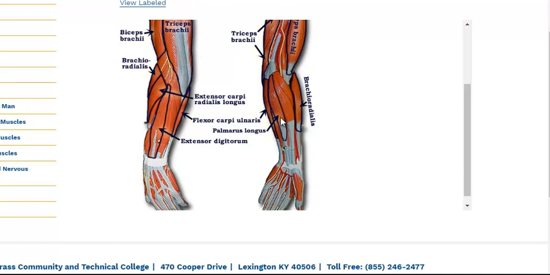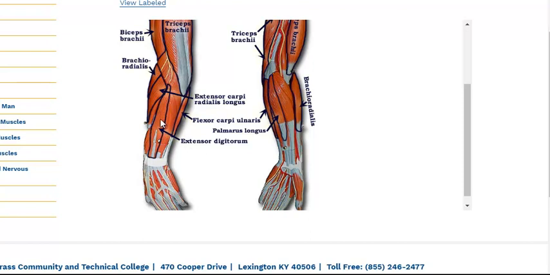Here's the palmaris longus, and obviously it's going to have something to do with your palm, and it is a long muscle. So sometimes the name of the muscle tells you whether it's a long one or a short one. The flexor carpi ulnaris is running along the ulnar region, so that would be the one again by your little finger over there. So it helps to orient yourself if you know where the bones are, where the elbow is, where the knee is. That'll help you a little bit there.